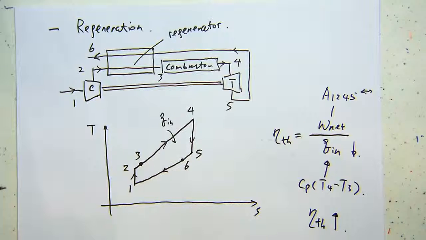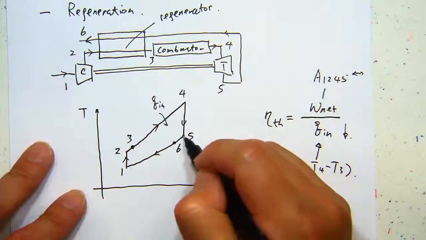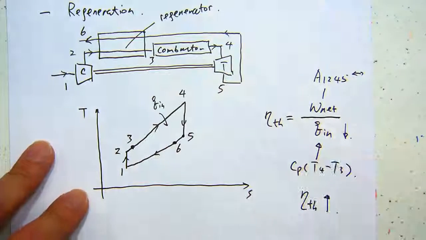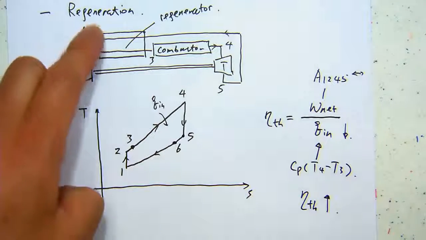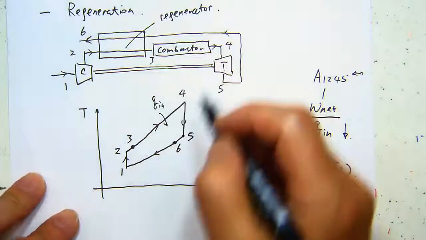So that's the principle. The regeneration process can help in terms of efficiency, by looking at the TS diagram. And when you look at the diagram, there are things happening in the regenerator we need to pay attention to.